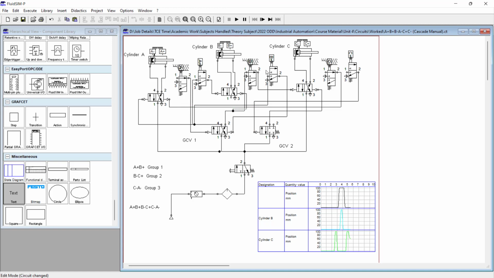From power line 2, the B cylinder retraction limit switch gets the power source. And then C plus will receive the power source from the same power line 2. C plus also receives power from the same power line 2.